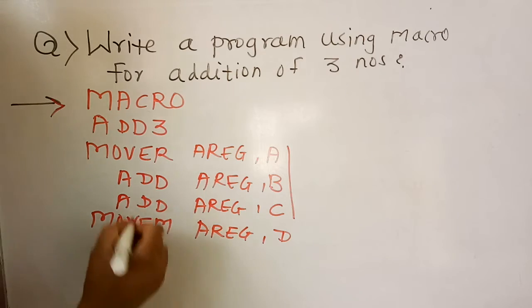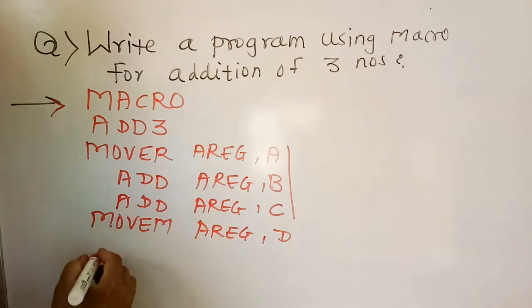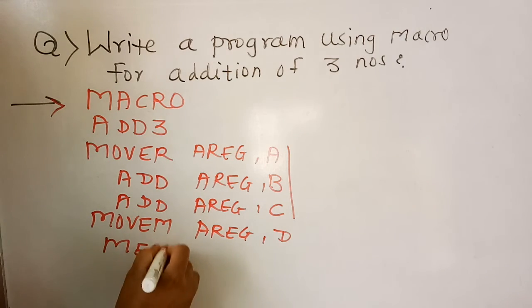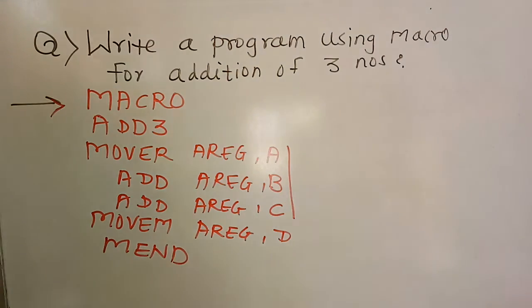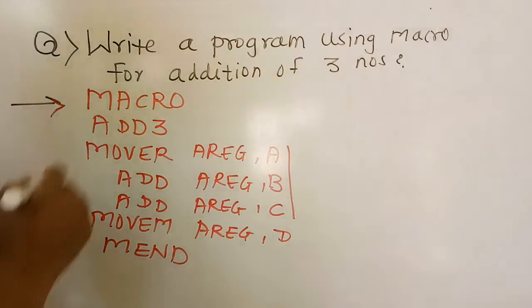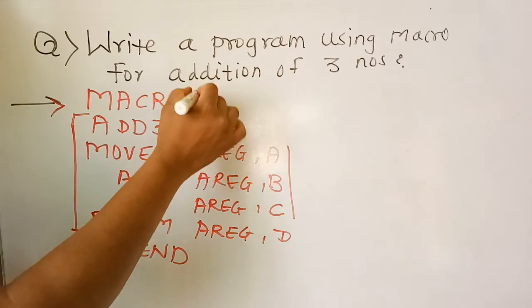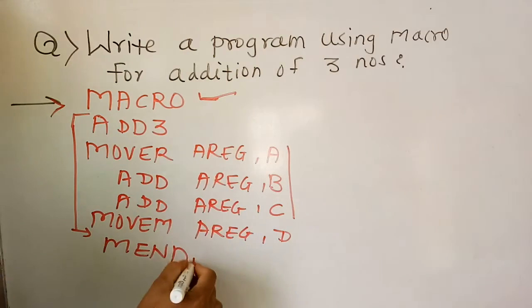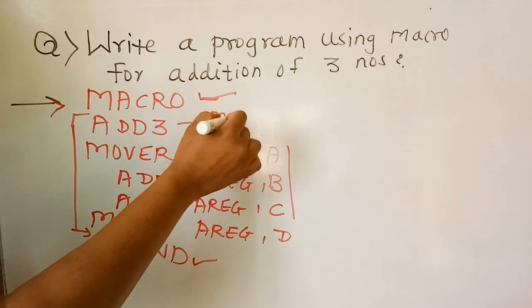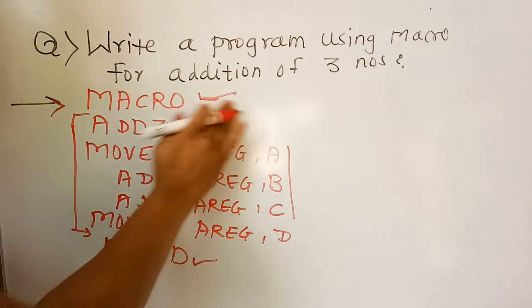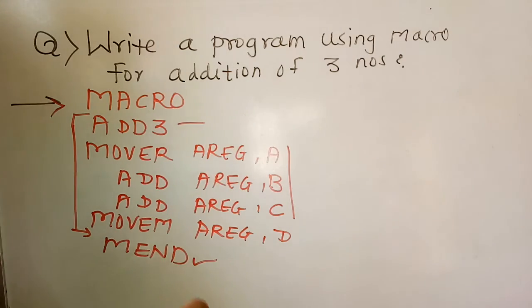Here we are completing the actual definition of the macro, that is the macro and macro end, and here is the logic associated with it. The macro is the starting point, then the macro end, and it has the macro name. Okay.